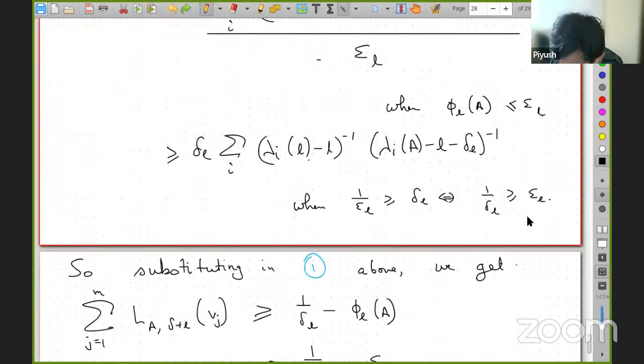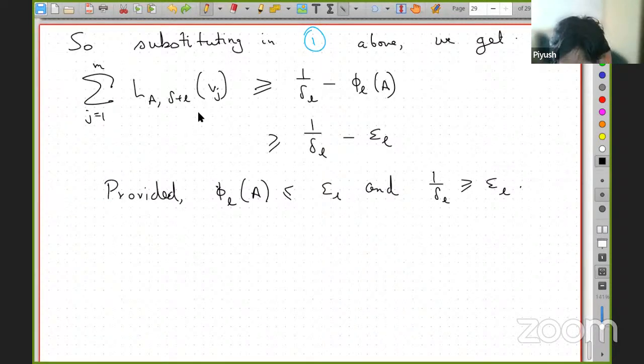Okay. So the left hand potential function, the sum, is bigger than 1 over delta L minus epsilon.